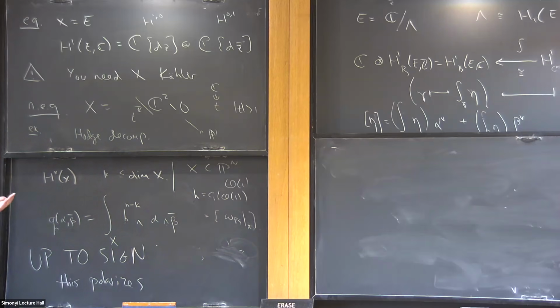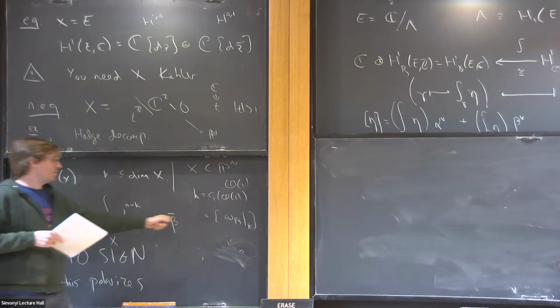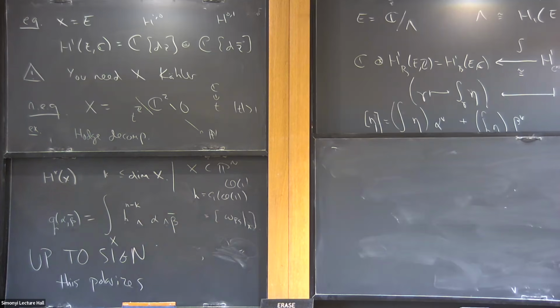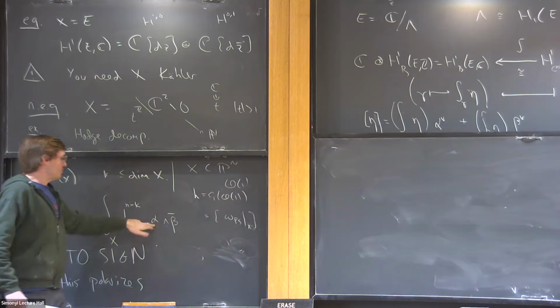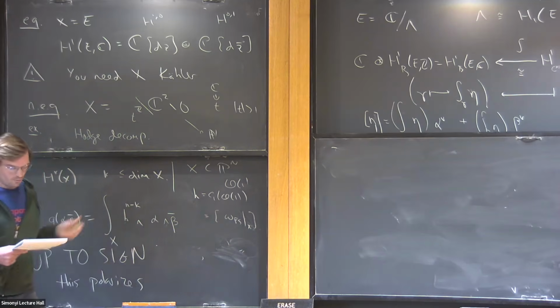That's an interesting question, like what classes show up? Even the weaker condition that Hard Lefschetz is satisfied with respect to the cohomology class is an interesting question. But this could be 0, right? If you took a random thing, you could get 0 here. Yeah, okay, that wouldn't be good.